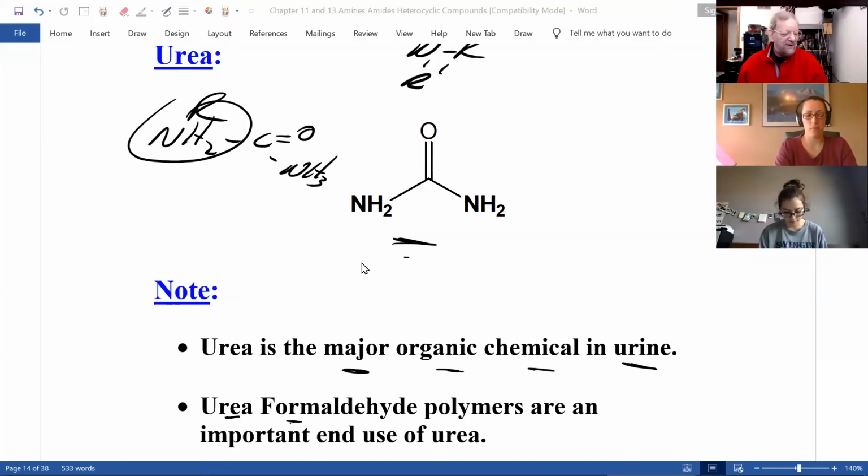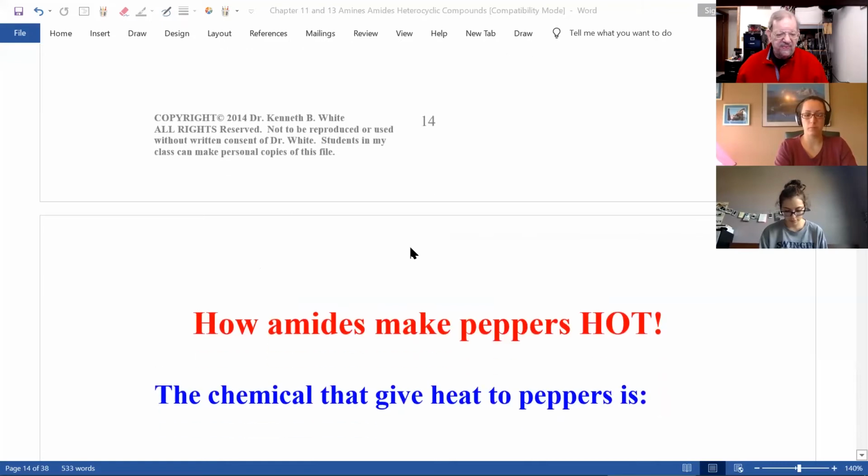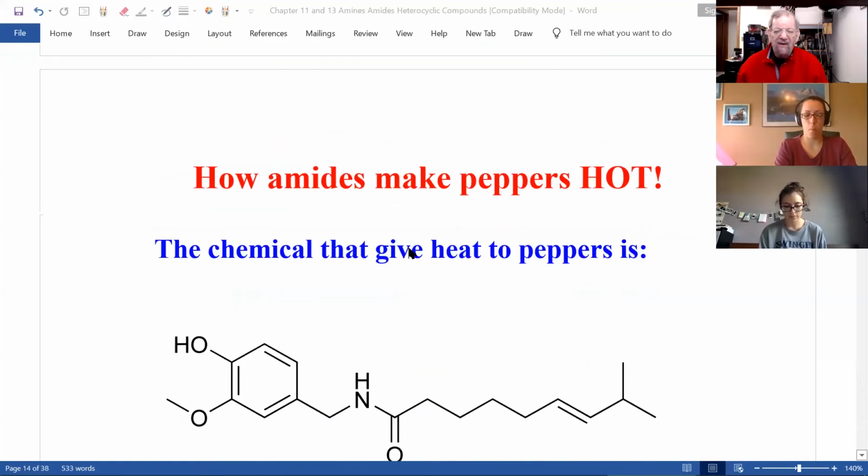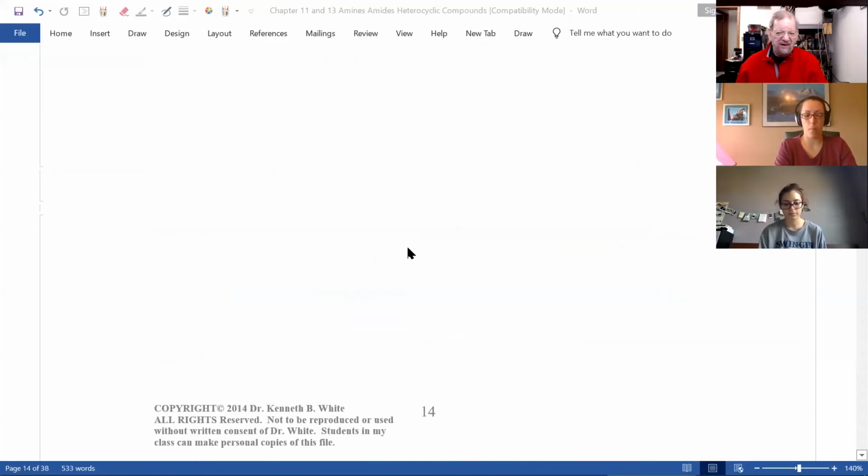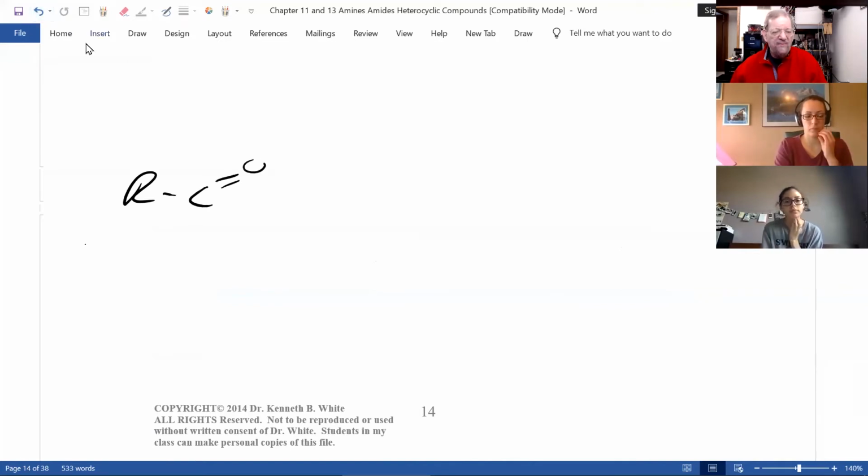All right, we're talking about amides. Now, like I said, urea is an amide. Now, again, an amide is anything where you have an R group with a carbonyl, then nitrogen, then R prime, and R double prime.